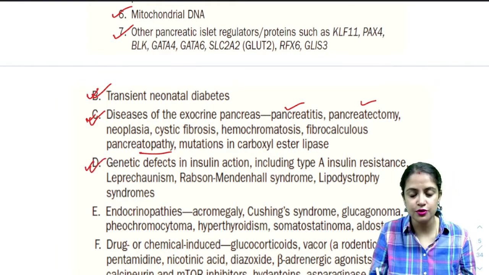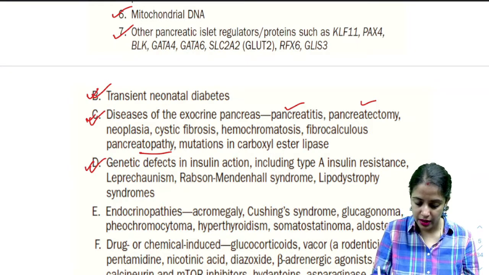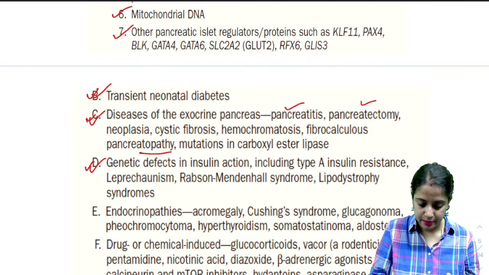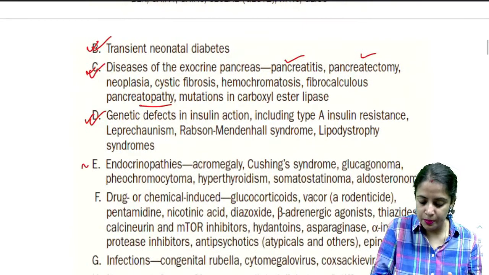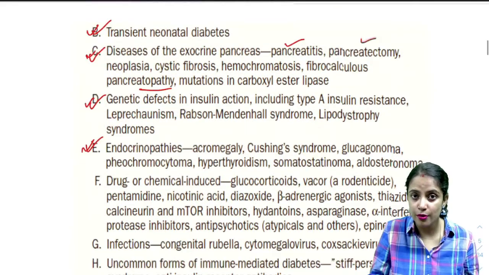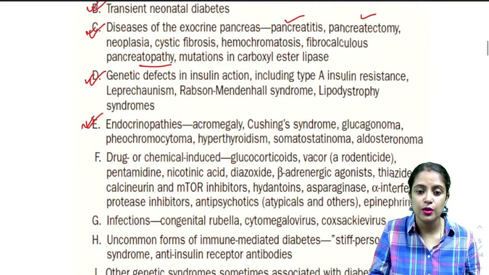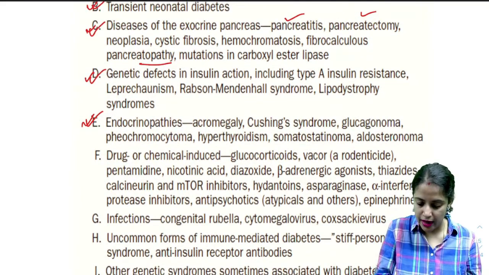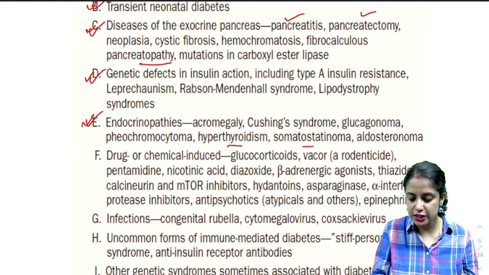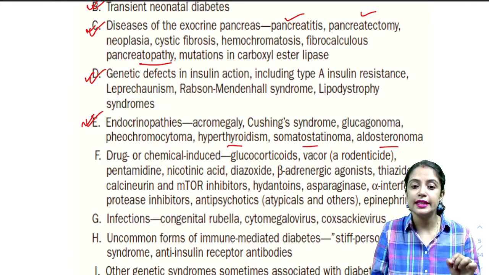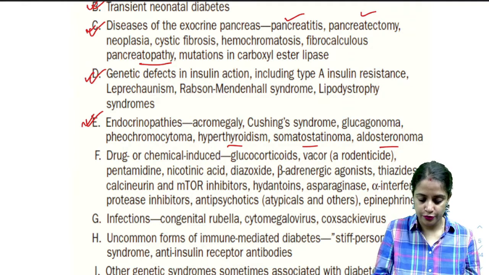Genetic defects in insulin action may also lead to diabetes. Certain endocrinopathies, for example acromegaly, Cushing's disease, glucagonoma, pheochromocytoma, hypothyroidism, somatostatinoma, and aldosteronoma, are a few endocrine causes of diabetes.